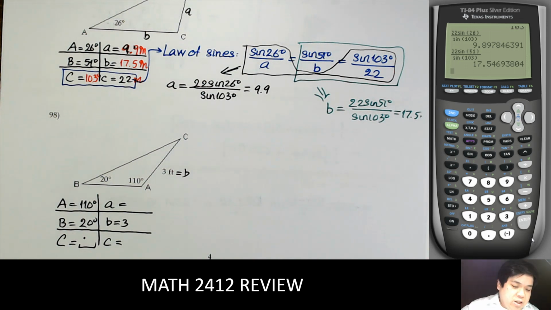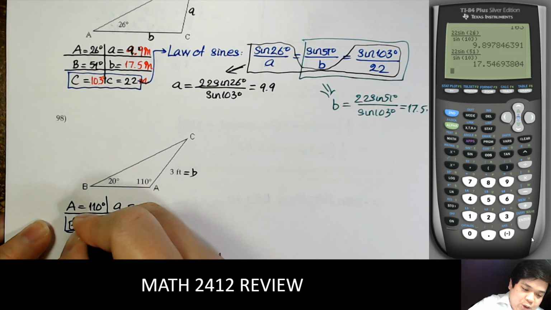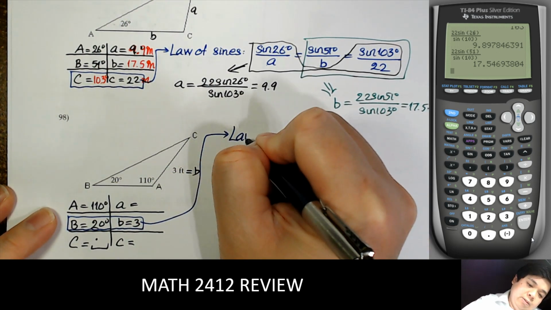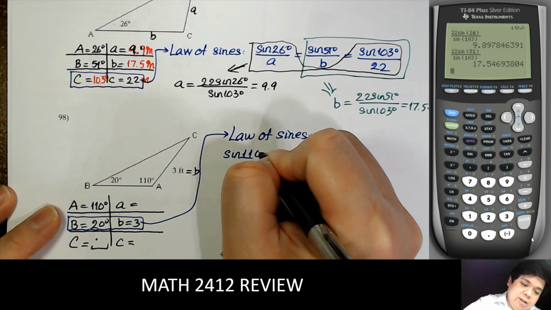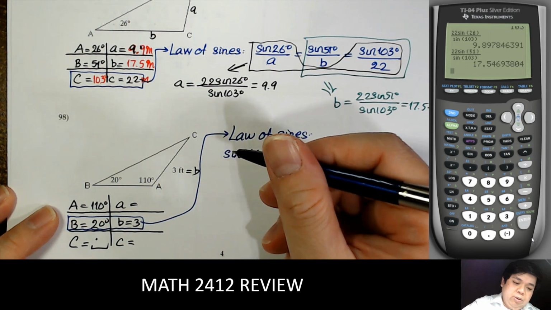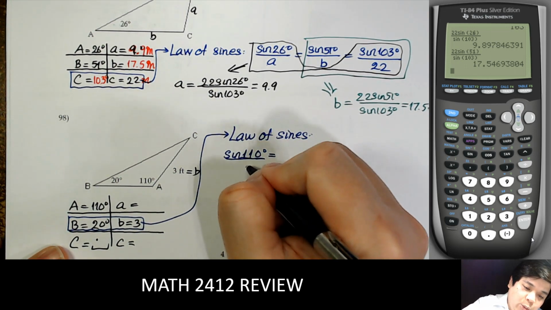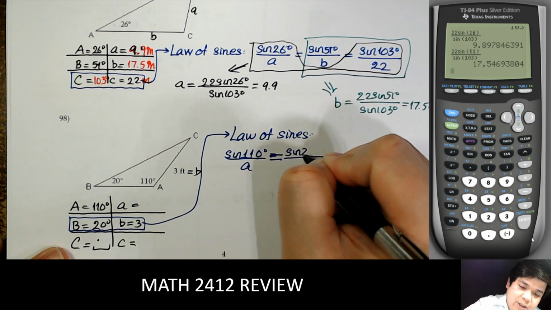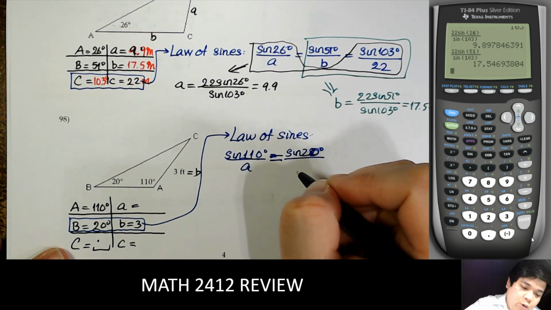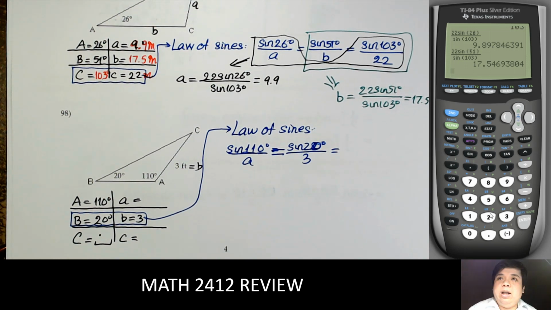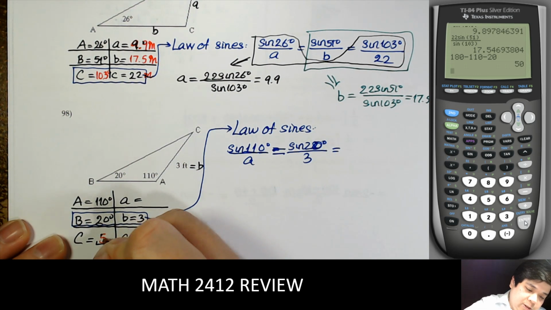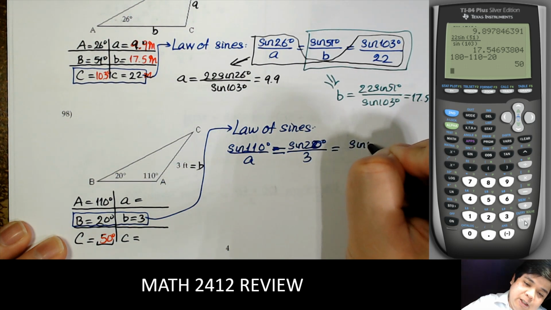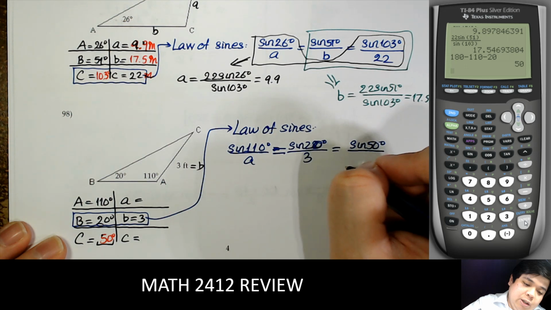So once again, every time we have a pair of opposite side and angle, we use the law of sines. Sine of 110 over a, we don't know, equals sine of 20 degrees over b, which we know, and then angle C, once again subtract from 180. So that's 50 degrees. And sine of 50 degrees over c.